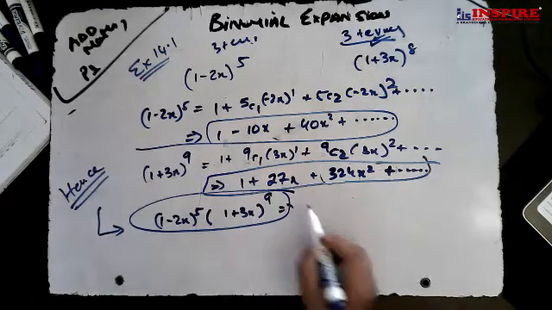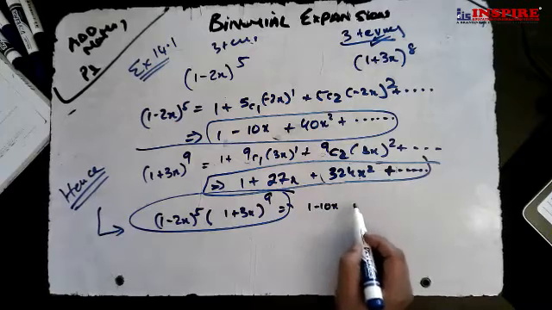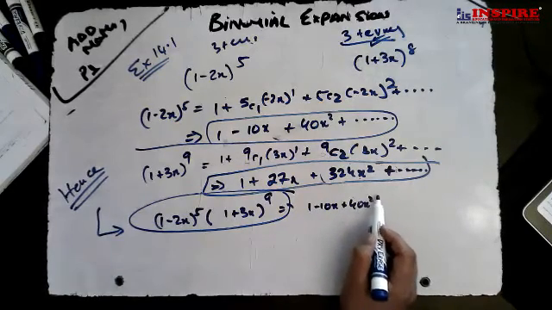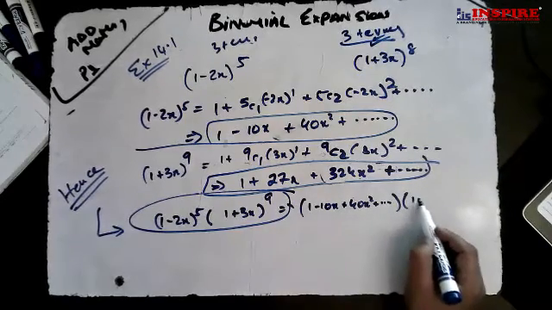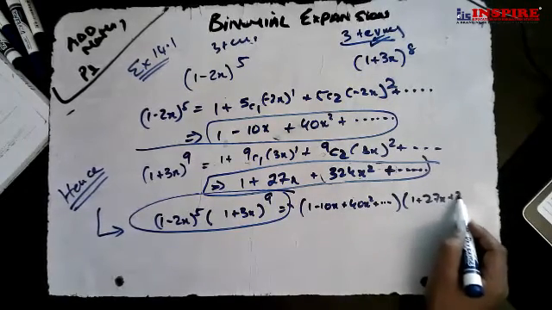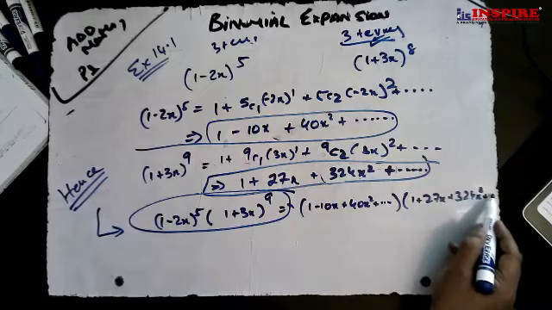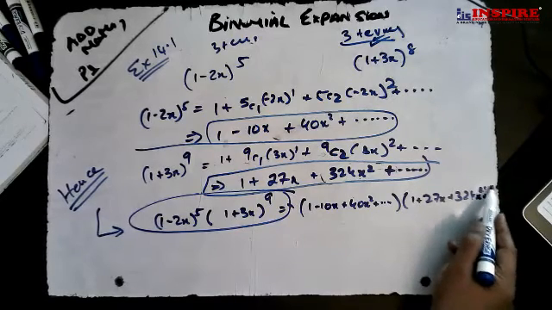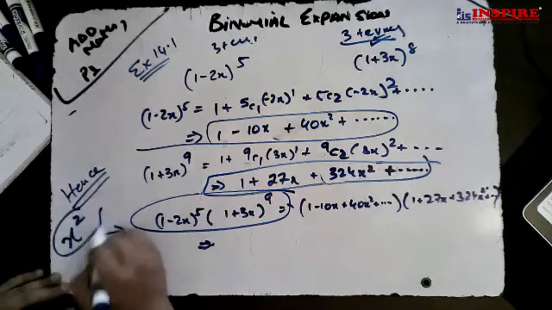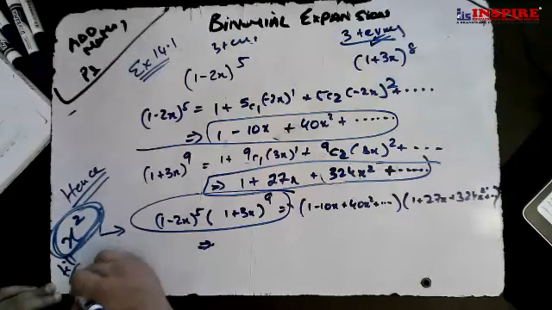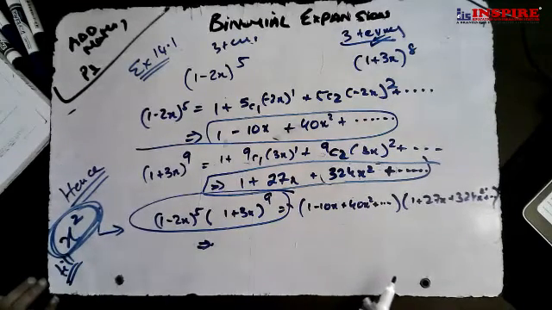So what will you do? You will take 1 minus 10x plus 40x squared plus dot dot dot multiply by 1 plus 27x plus 324x squared plus dot dot dot, and he wants the expansion till x squared. What does that mean? It means you have to ignore the terms bigger than x squared.